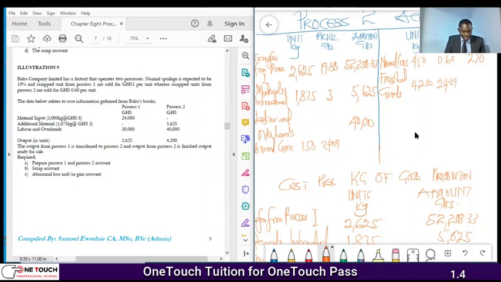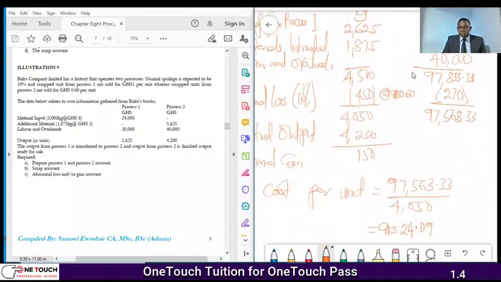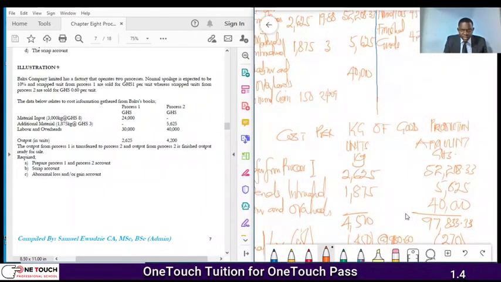Okay, good. So let's see. We have 150 times into brackets 97,563.33 divided by 4,050, which gives us 3,613.46.